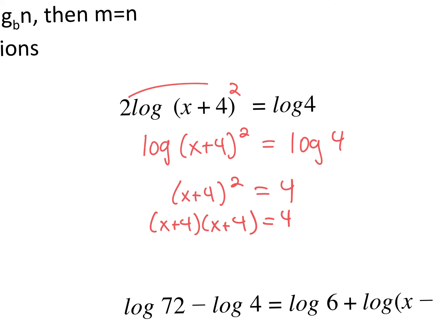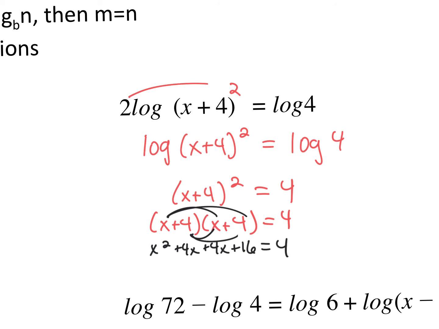You just gotta FOIL it. Our favorite thing ever, right? X times x, x times 4 is 4x, 4 times x is 4x, and 4 times 4 is 16, equals 4.